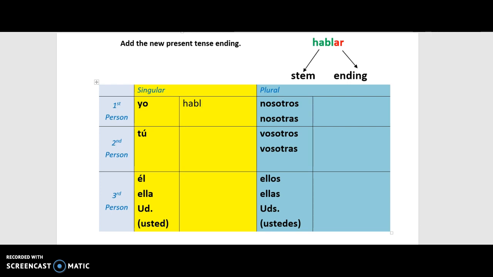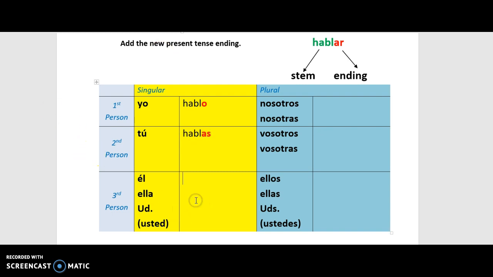The yo pronoun always gets the O ending. So yo gets O. Hablo. We're going to make that red and make it stand out. So hablo. Tú, on the other hand, gets the ending as.